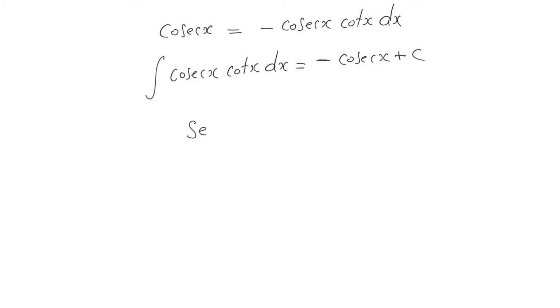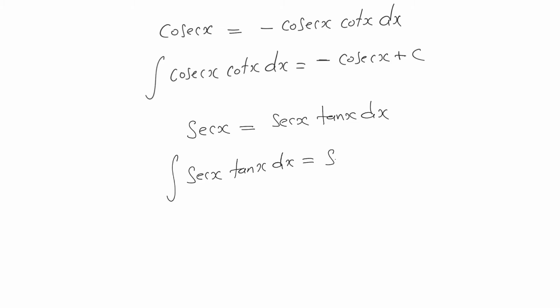And we know that differentiation of sec x is sec x tan x dx. That means integration of sec x tan x dx is equal to sec x plus c.